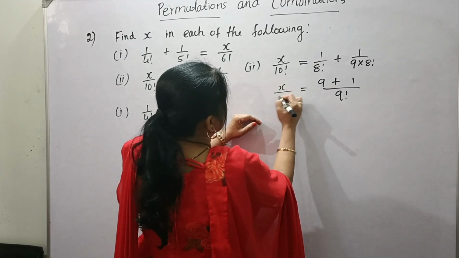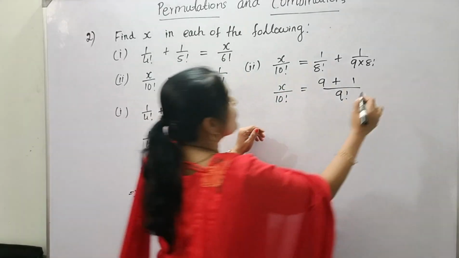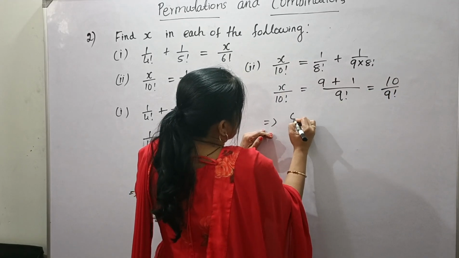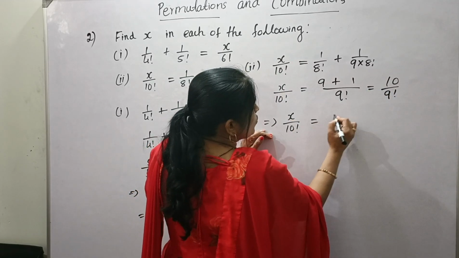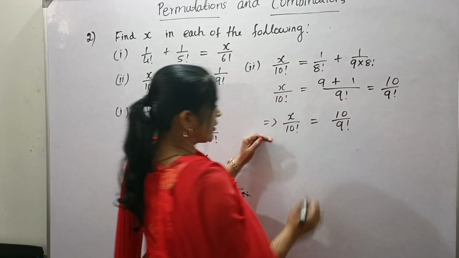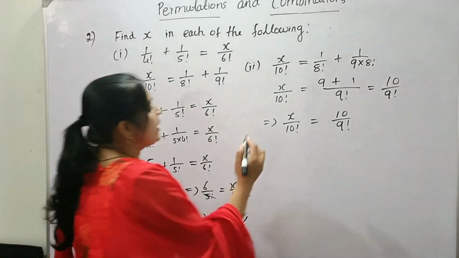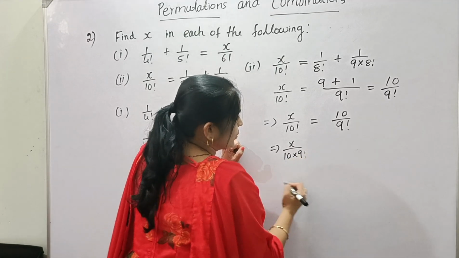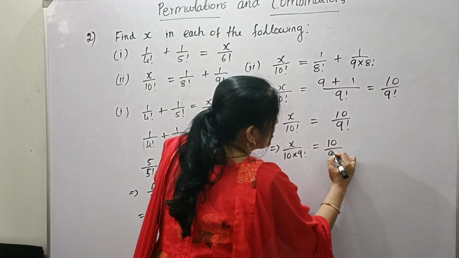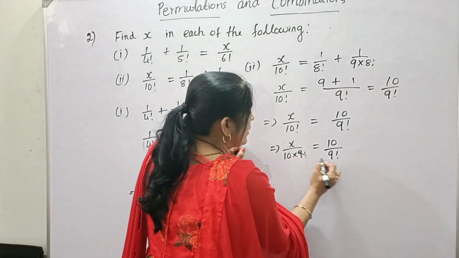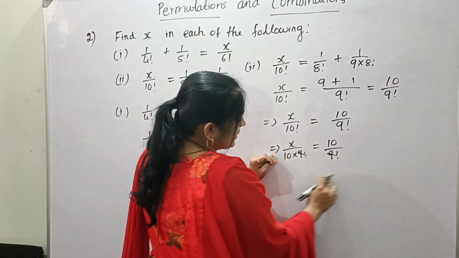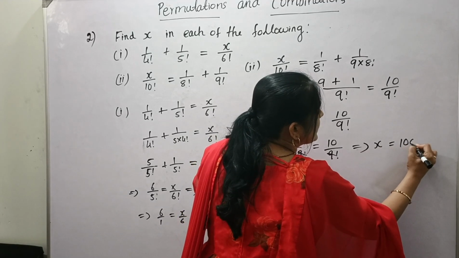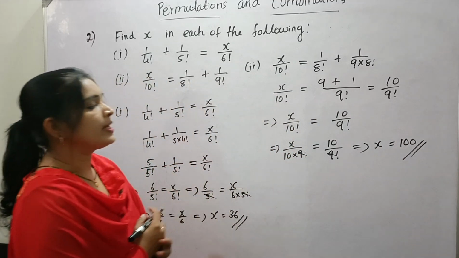So x divided by 10 factorial is equal to 10 by 9 factorial. And 10 factorial can be written as 10 into 9 factorial. So here 9 factorial is cancelled and take 10 to the right side, so x is equal to 10 into 10, that is 100. So here x value is 100.